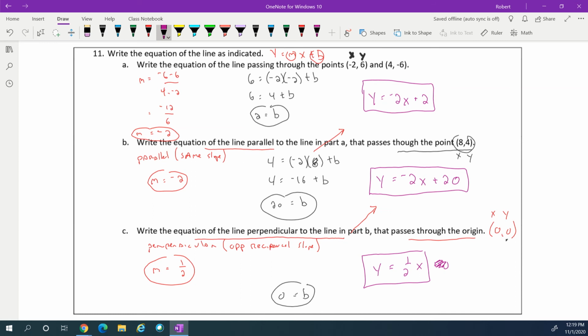So we can use our knowledge about parallel lines having the same slope, perpendicular lines having opposite reciprocal slopes, and we can write the equation of a line. Well, we're tying that together now. We're saying write the equation of a line parallel to that line or perpendicular to that line.